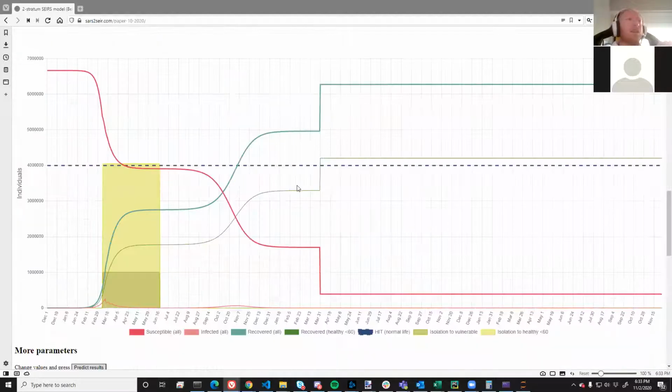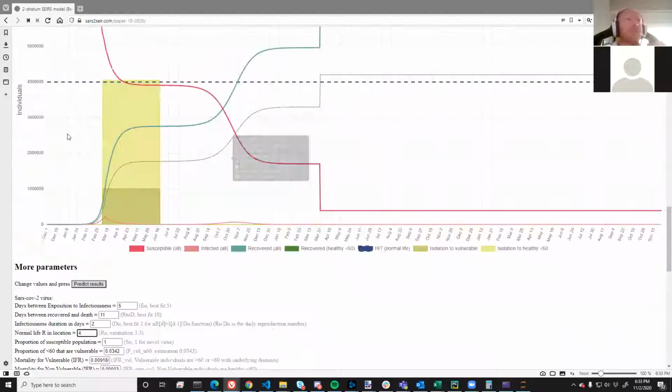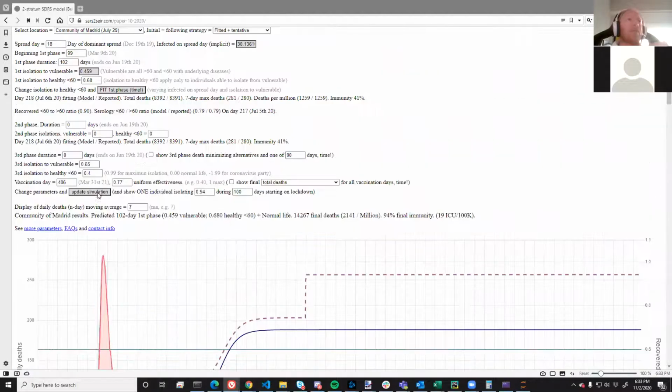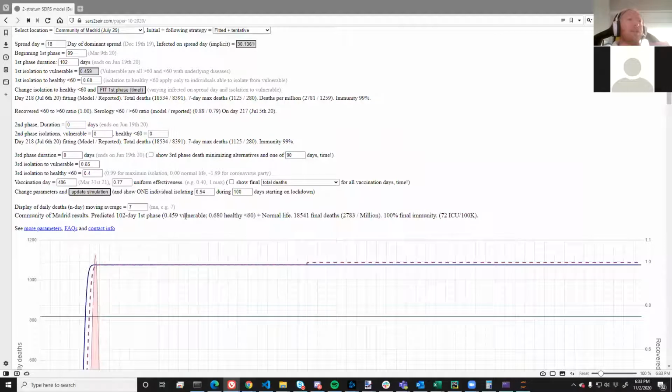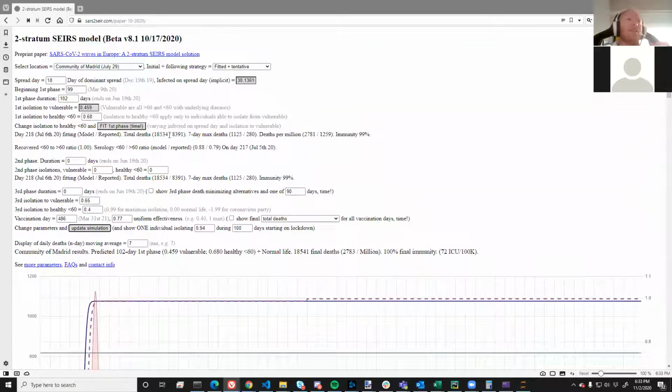Say instead of this, we decide to go with 4 here. In this context, if we do that, you will see that the behavior is very, very different. But now again, the total deaths and the 7-day max deaths go haywire. So essentially what we have to do is refit again.